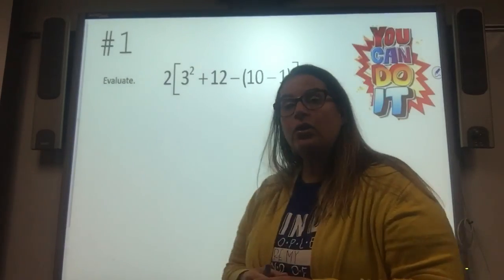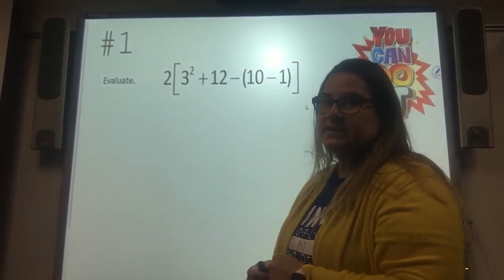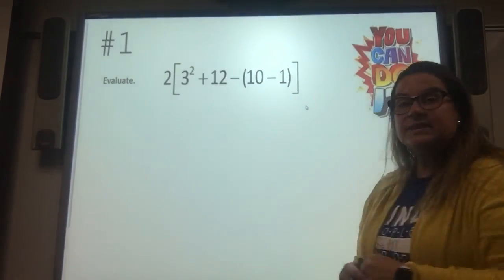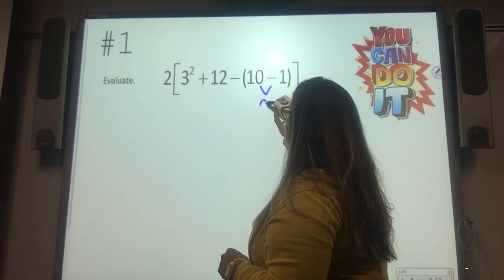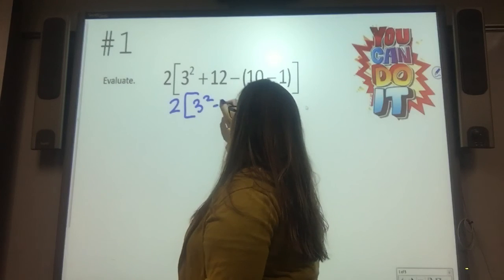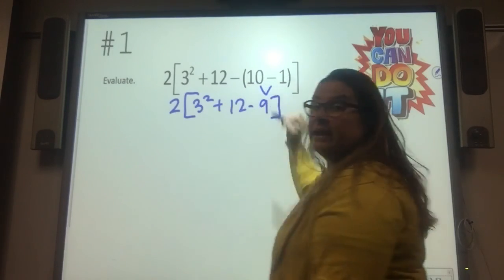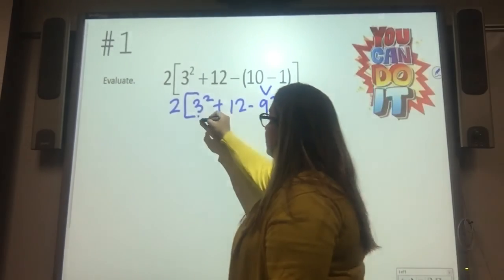I brought back an order of operations problem just to refocus on the importance of following those steps. When we're looking at this, we're going to start with grouping symbols first. 10 minus 1 is 9. So I'm going to rewrite the rest of it like that. Then when I look within the grouping symbol, I see an exponent.